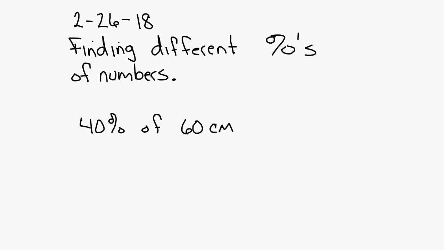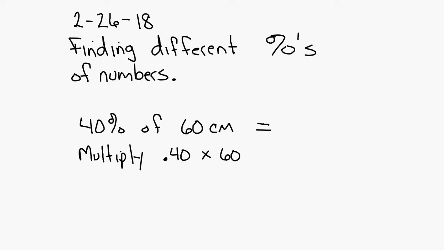All right? If you want 40% of 60, multiply 0.40 times 60 in the calculator. And all you're doing is you're taking 40% and you're moving the decimal to the left twice. You're turning a percentage into a decimal.